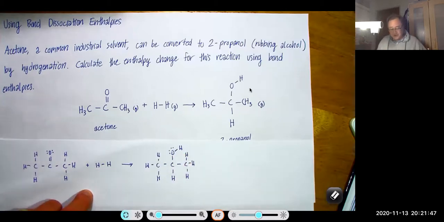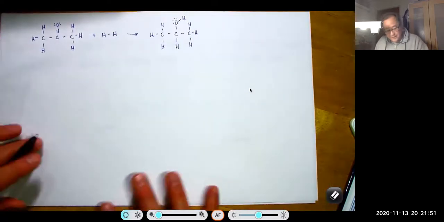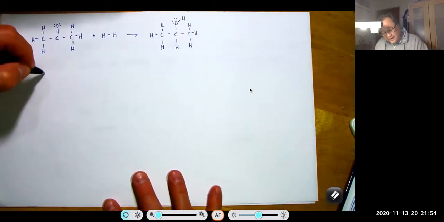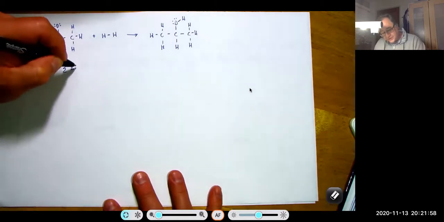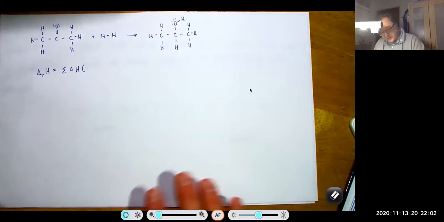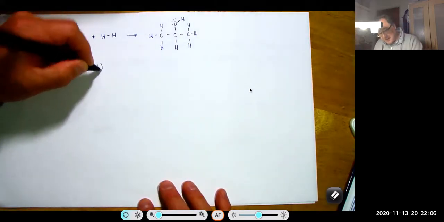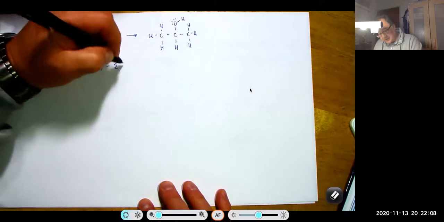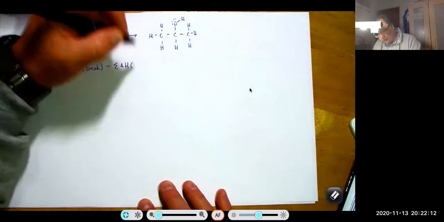So it's balanced. So let's take a look at how we use the formula that the enthalpy of the reaction is the sum of the enthalpies for bond breaking, because we had to put energy in, so that's plus, minus the enthalpy change for bonds formed.